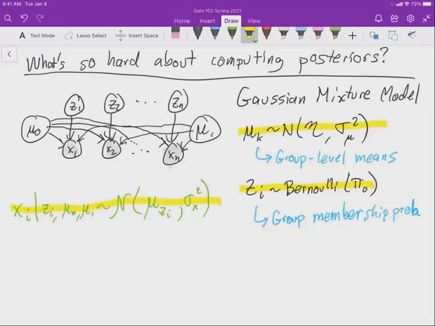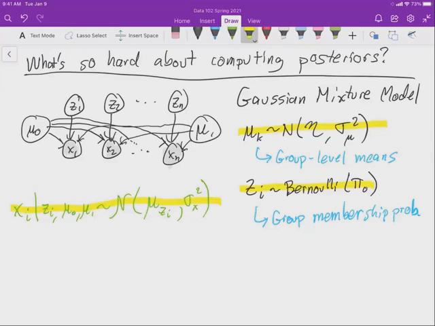Well, this says that x sub 7 depends only on z7 and both the mu's. The distribution for it is normal with mean corresponding to the mu for that group and variance corresponding to some variance sigma x. We'll say that that's constant for all the groups just to make our lives easier.